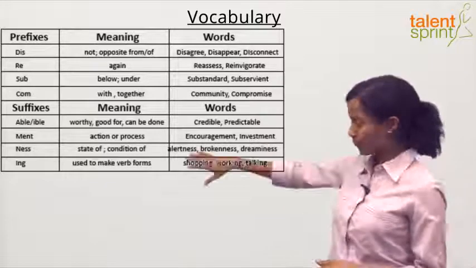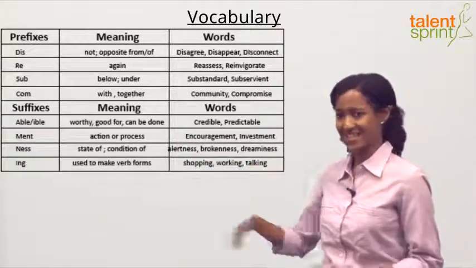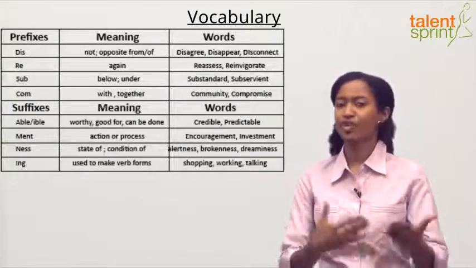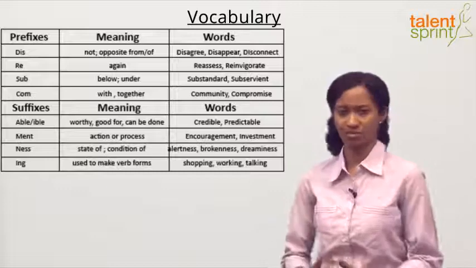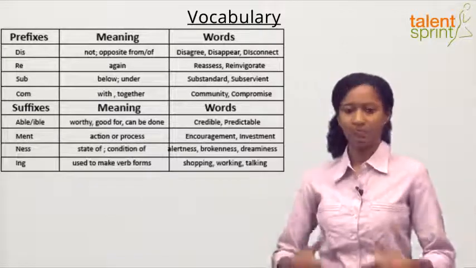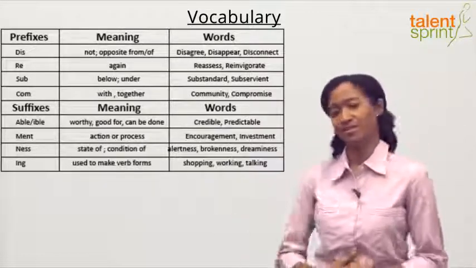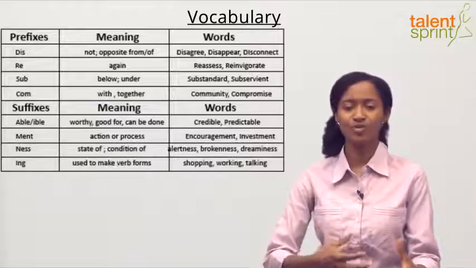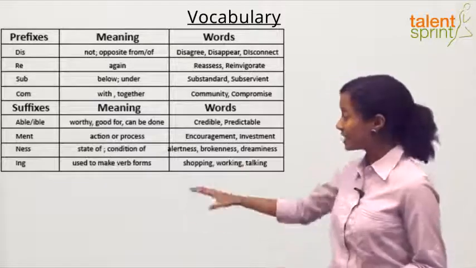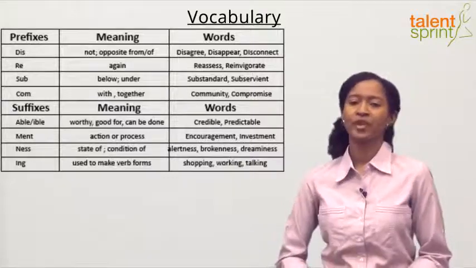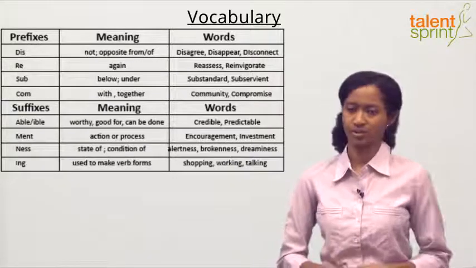Now if you look at words ending in s. If you look at nouns, you add an s to make it from a singular noun to a plural noun, right? One book, two books, a pen and then three pens, right? So s as a suffix is used to turn a singular noun to a plural noun. Ed, on the other hand, is used for past tense verbs: worked, hopped, talked, right?